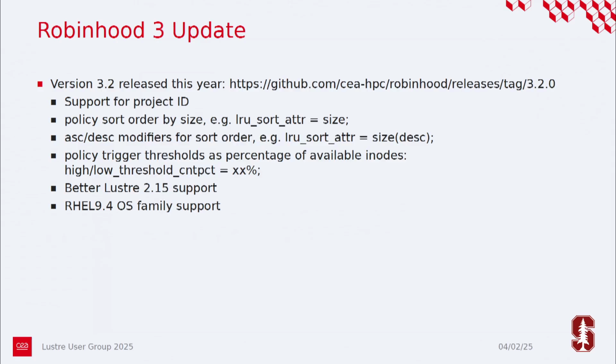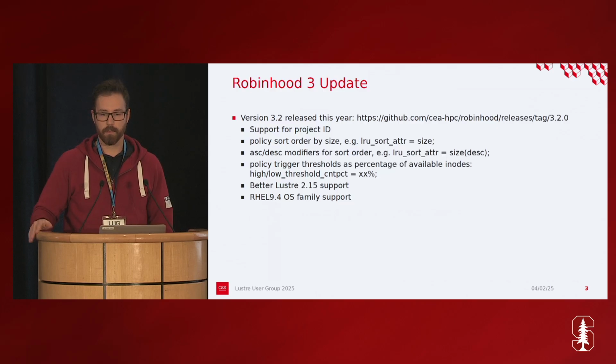The main sort of addition to Robinhood 3 was the support for project IDs. And this was actually a feature that was contributed by Stéphane Thiel, so this is a Stanford contribution. But we also support more recent OSes and also a little bit better support for 2.15.